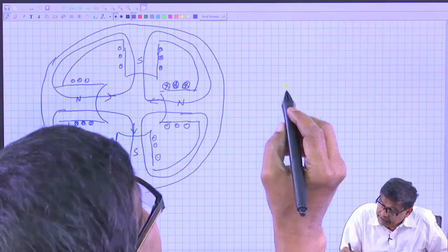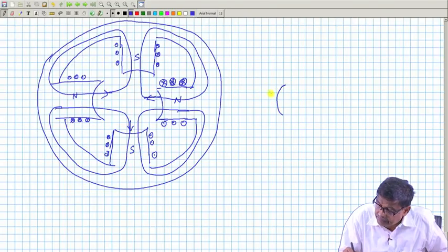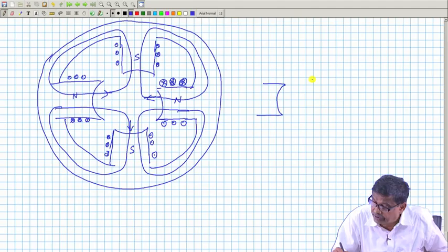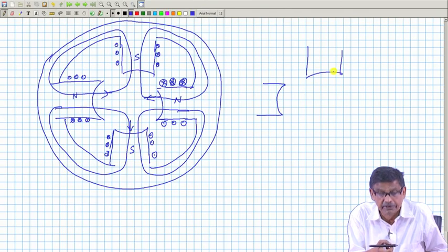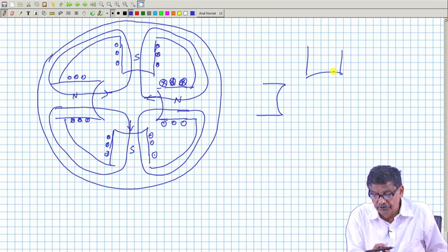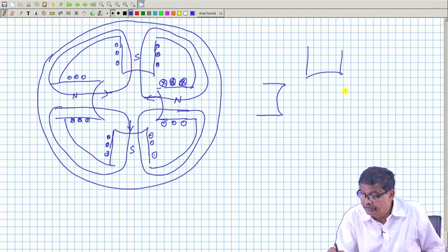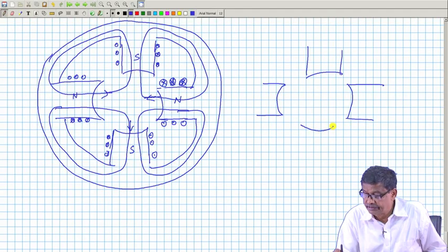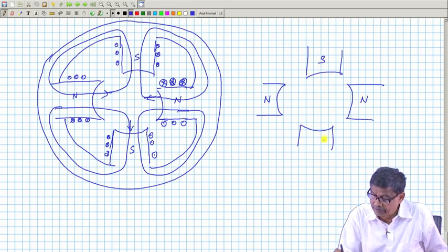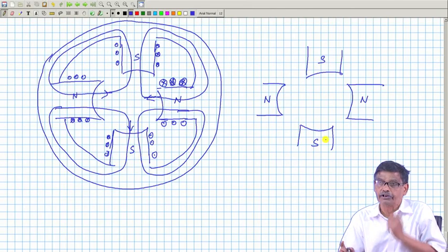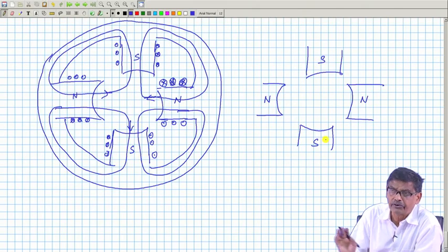Okay. If that be the case, then in this simplified diagram, now I will not show the coils, I can create a 4 pole stator as simply as this with 4 projections with conductors around it, and so suppose you have created these poles north, south, north, south, then it is called a 4 pole DC machine. Full stator I am not drawing.